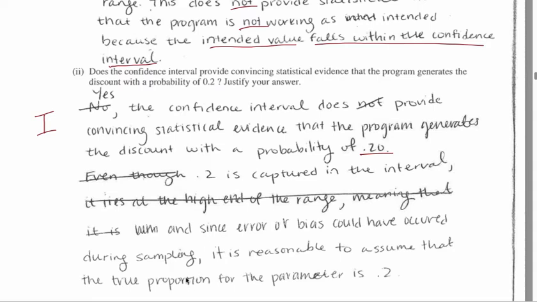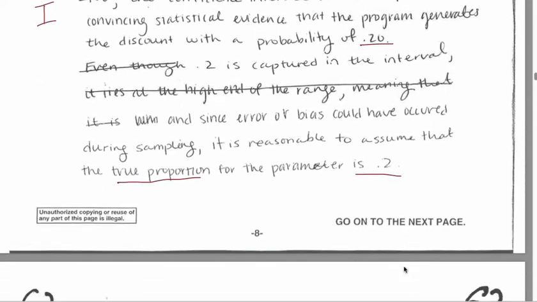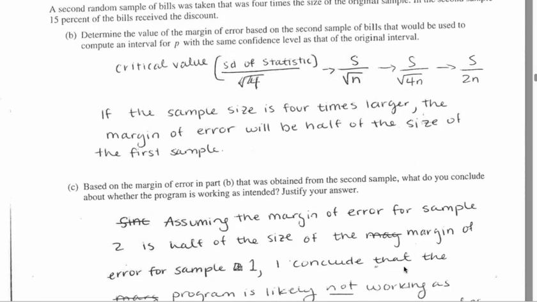If you keep reading, though, as we're supposed to do, they keep some more commentary there, and they said there's some bias that could have occurred, and then they said it is reasonable to assume that the true proportion is 0.2. So if we weren't sure that they were incorrect, we are doubly sure they're incorrect, so they said it twice. So part 2 is considered incorrect.